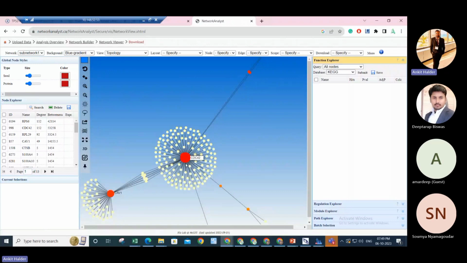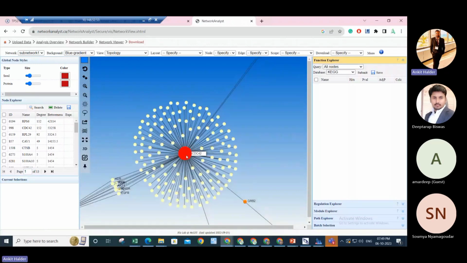Whatever datasets you were getting, how much is the degree? Now you can understand how we will determine which one is at the core and how it has been calculated, which one you will get in your core as well as in the degree and centrality. That's why all these things come into place.